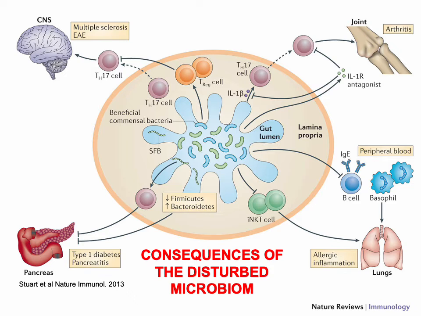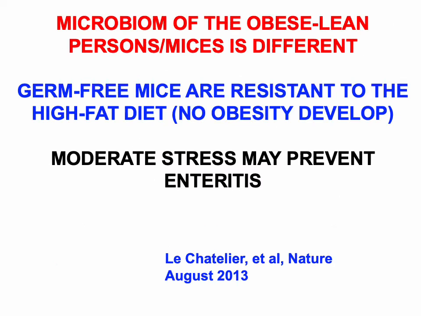But if there is a disturbance in the microbiome, we can have pathological consequences like arthritis, a change in the composition of the peripheral blood immune cells, allergic inflammation in the lungs, type 1 diabetes and pancreatitis in the pancreas, and multiple sclerosis in the central nervous system, only to mention the most important.